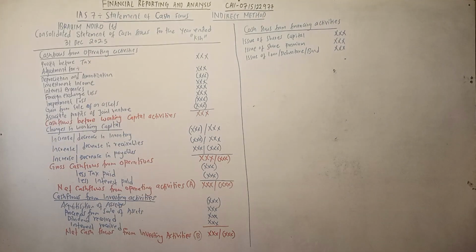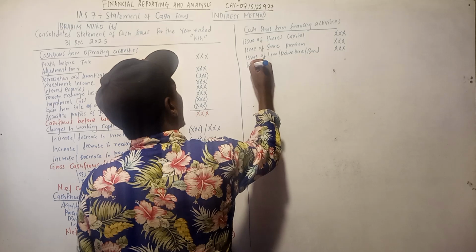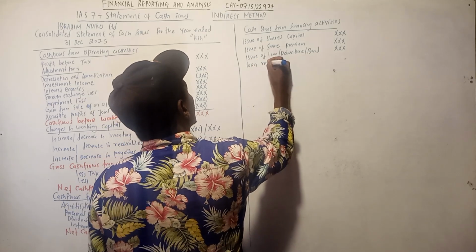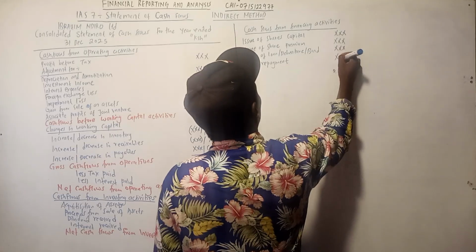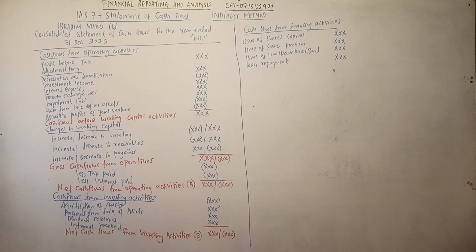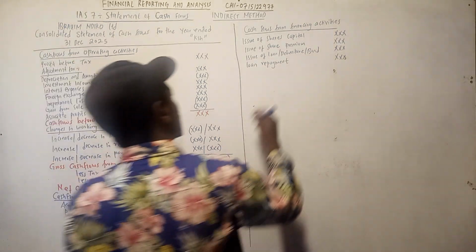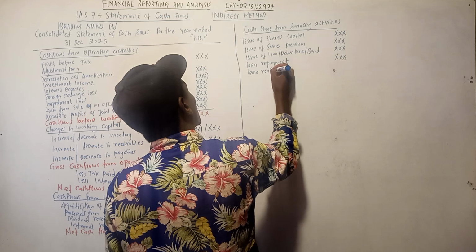What else can we have? Loan repayment. We can also have rent paid, if they have rental paid.